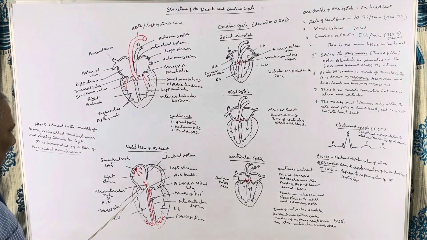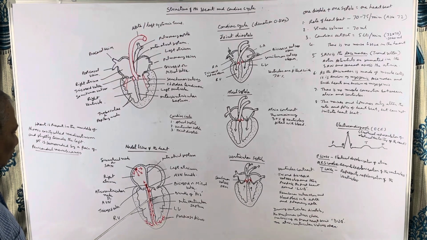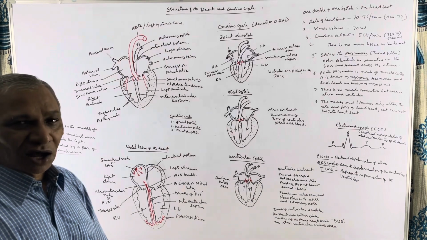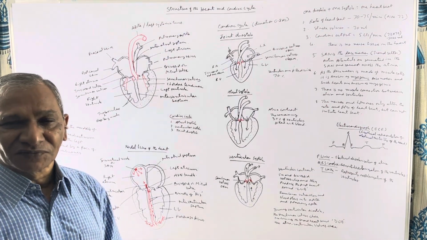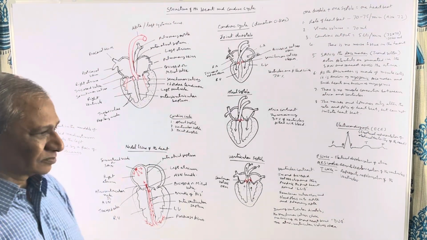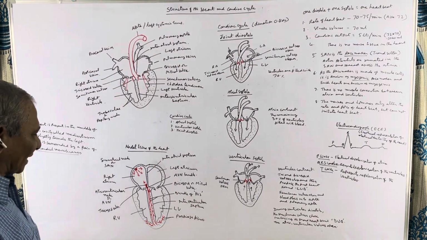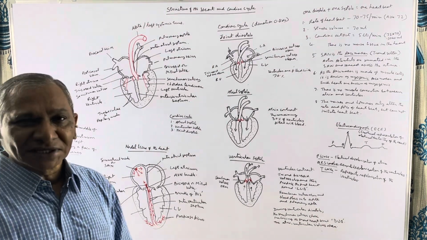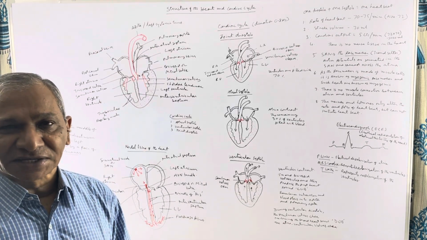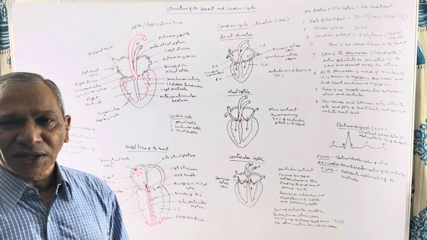This AVN bundle enters the interventricular septum and divides into two branches. These are known as bundle of His. His is the name of a scientist who discovered it. The bundle of His gives rise to a number of Purkinje fibers. The Purkinje fibers innervate both the ventricular chambers.